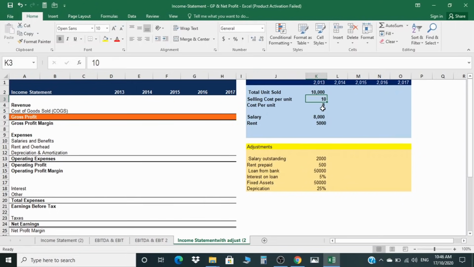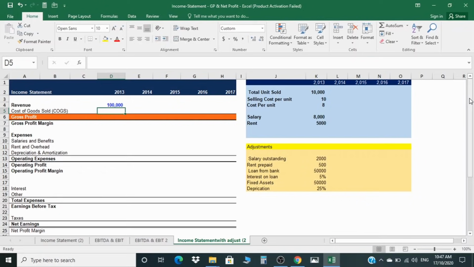That means when you produce this unit, you incur a cost of $8, but you are actually selling at $10. That means $2 is profit, your gross profit. So just go there, take 10,000 into 10. This is your revenue, this is your selling price.